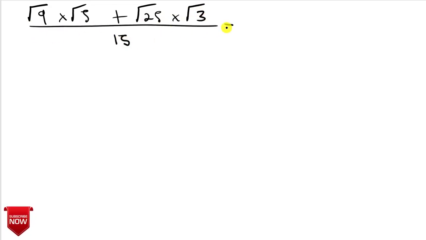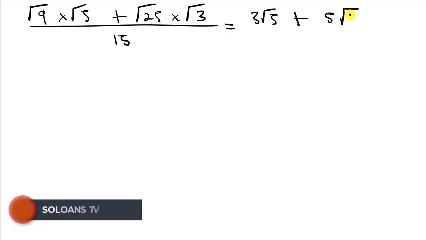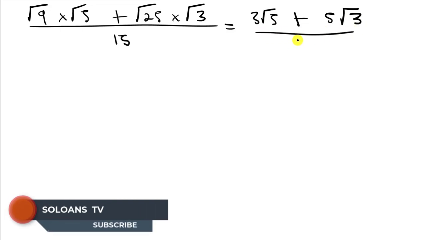So we are going to have the square root of 9 times the square root of 5 plus the square root of 25 times the square root of 3, all over 15. The square root of 9 is going to give us 3, so 3 times root 5. So we are going to get 3 root 5 plus square root of 25 is going to give us 5, so 5 times root 3, all over 15.